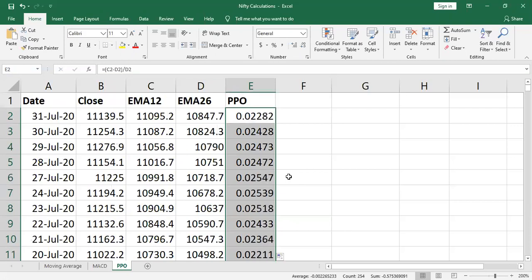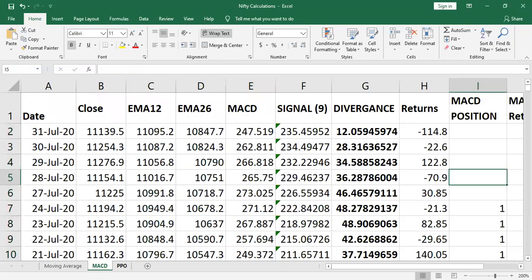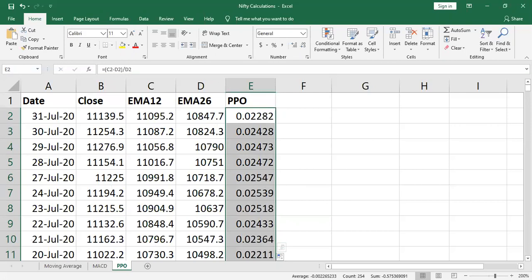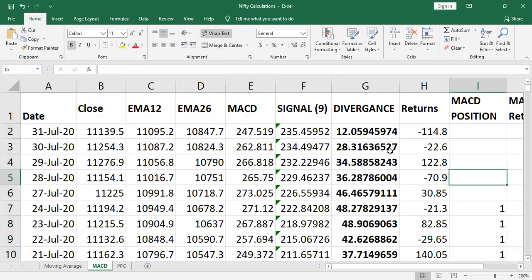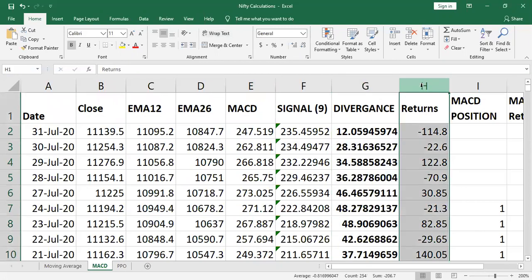You can check it the same as the MACD line. That is a divergence, the same changes between these numbers.